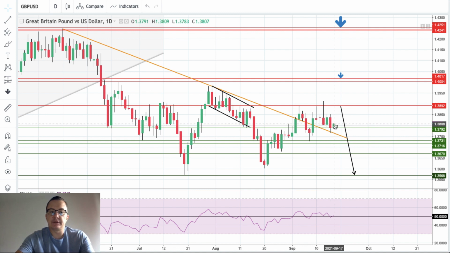If today's data will disappoint and the market reaction will be again to the downside, then we can even test 1.3731, 1.3716. These are the technical support levels here and here. So please keep an eye on this support, because if violated, then of course our scenario is still valid and we are going lower.